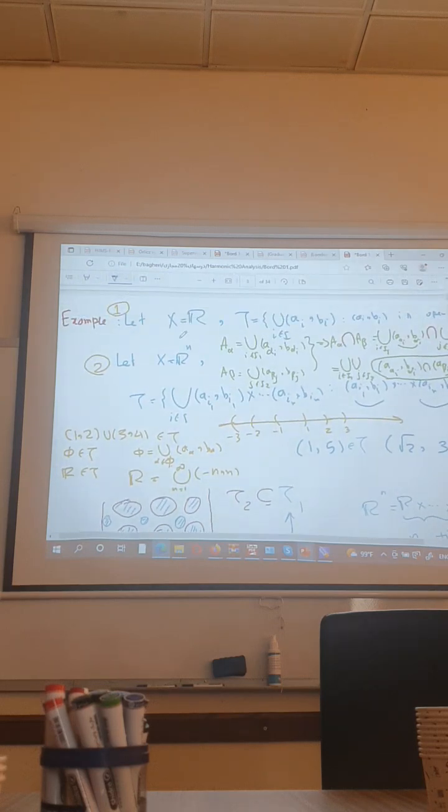Let X equal to R, the real numbers, and tau equal to this union. The union of intervals, okay? These are intervals.